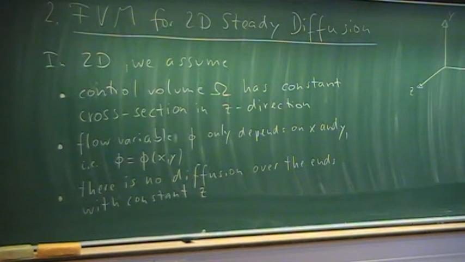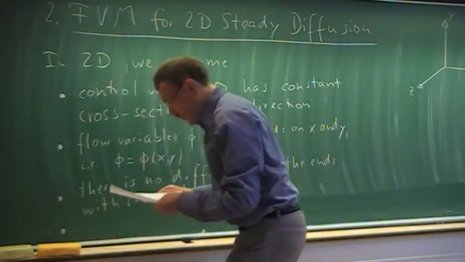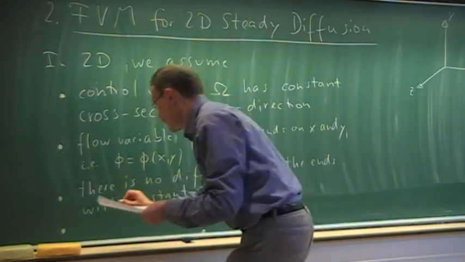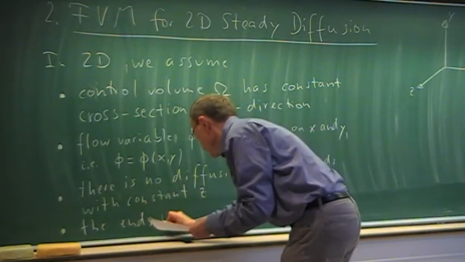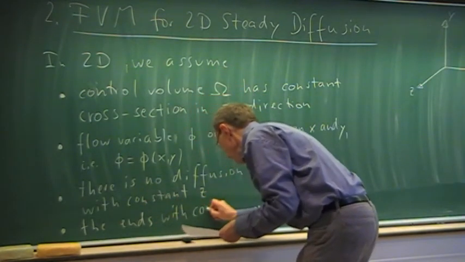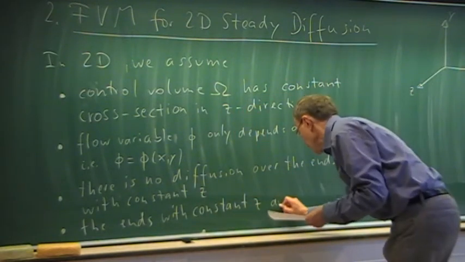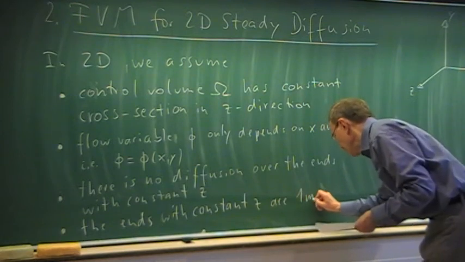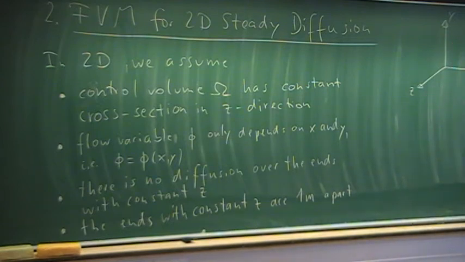So we have no diffusion over the front and the back. And we assume, just for convenience, that these ends are one unit apart. If we are in SI units, they would be 1 meter apart. So this length from the front to the back we assume to be 1 meter. But that is not important.